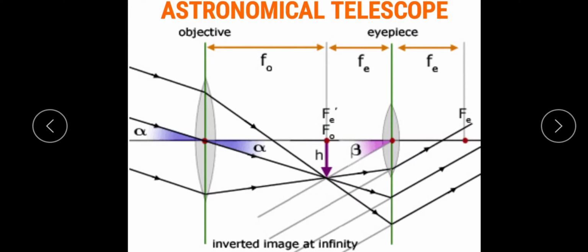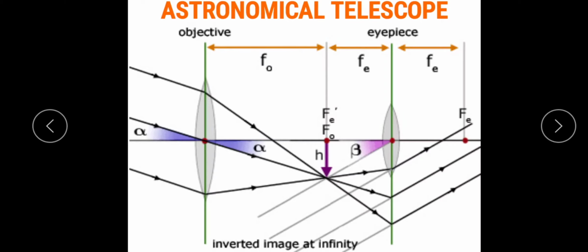An astronomical telescope consists of two lenses, represented like this, a lens system or system of two lenses.